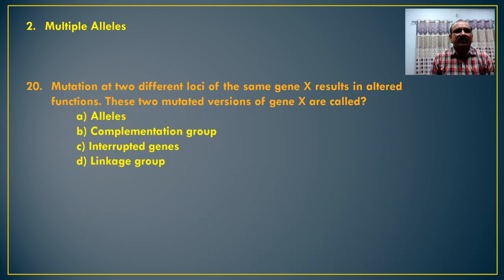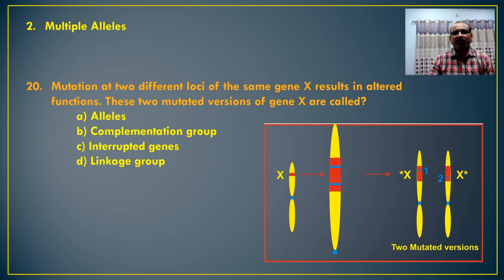In the last question of today's session, the mutations at two different loci of the same gene, that is X, result in altered functions. These two mutated versions of gene X are called what? Now suppose we explain this with the help of this diagram.